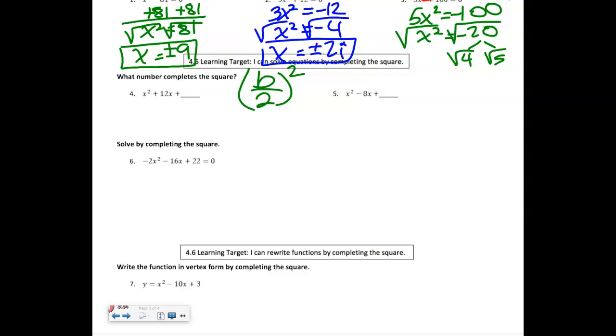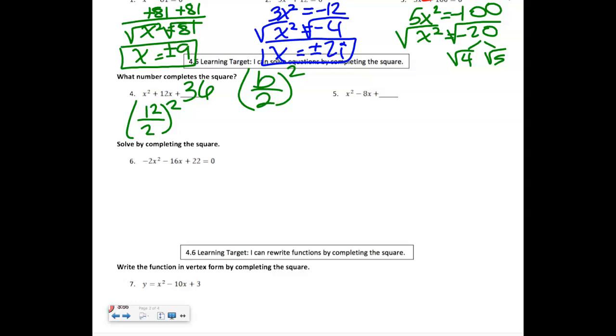Reminder, this answer always has to be positive because you're squaring it, which causes it to turn positive, okay? So I'm going to take my 12, I'm going to divide it by 2, and I'm going to square it. And when we do that, we're getting 36. Okay.